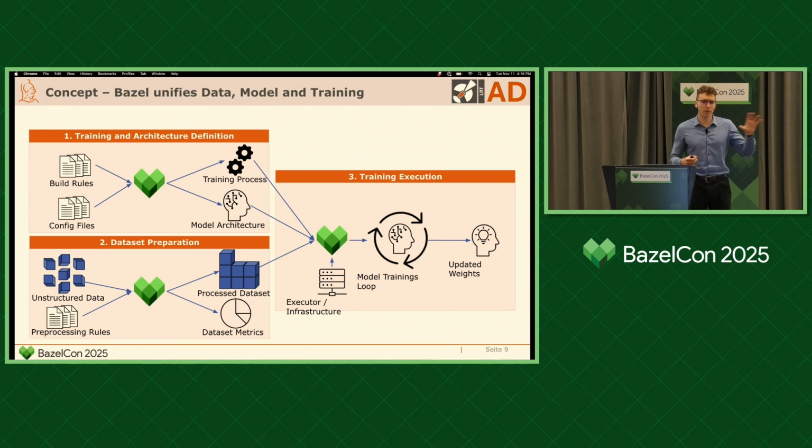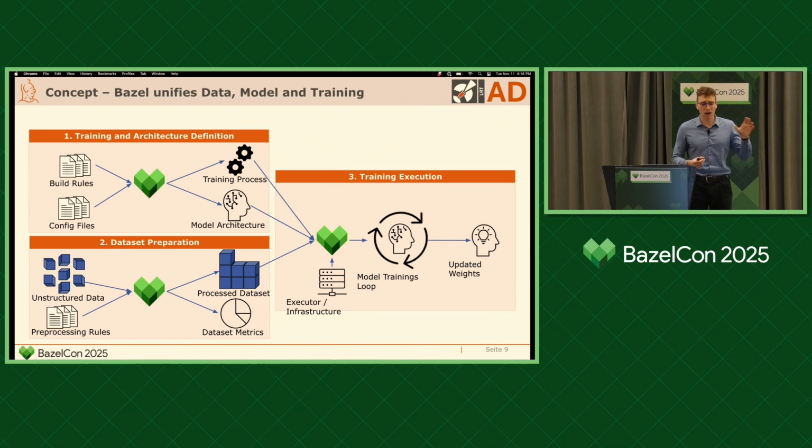So we developed a concept to unify it and put it in 3 steps. In the first step, the training and architecture is defined. We can use the existing tools that Bazel already has. In the second step, the data is prepared.